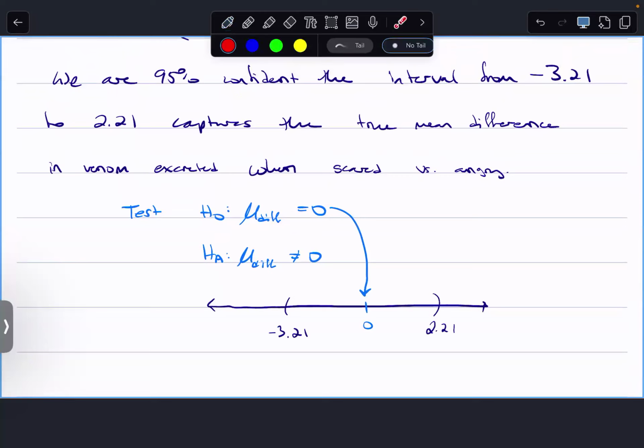And since 0 is one of the possible values for mu, that means I don't have enough evidence to reject H0. If we found that the entire interval was below 0, for example, that would mean that you have enough evidence to reject H naught.